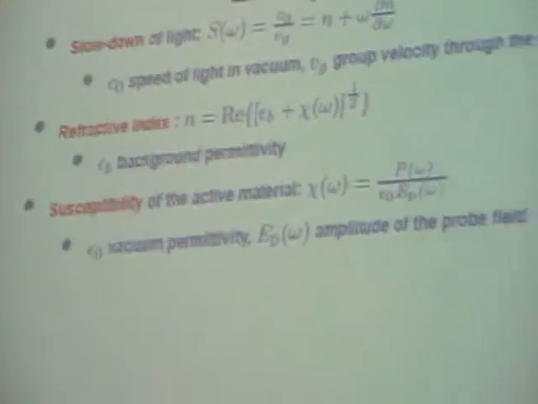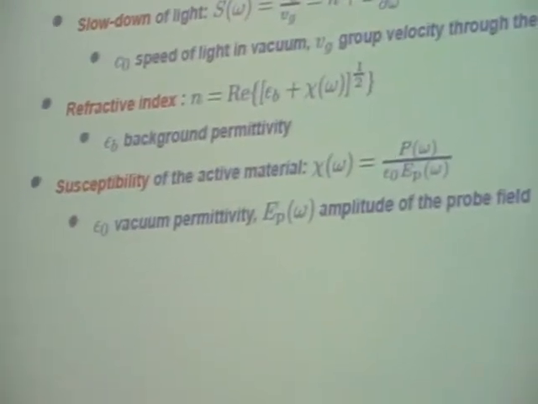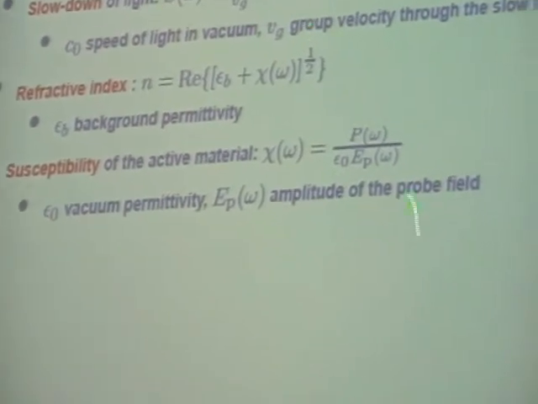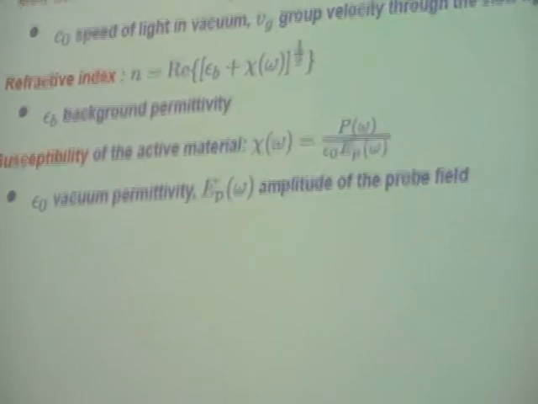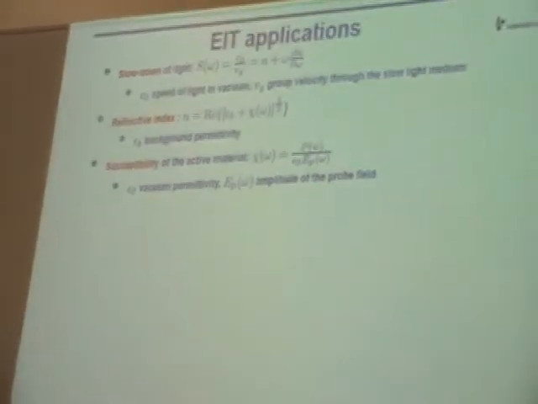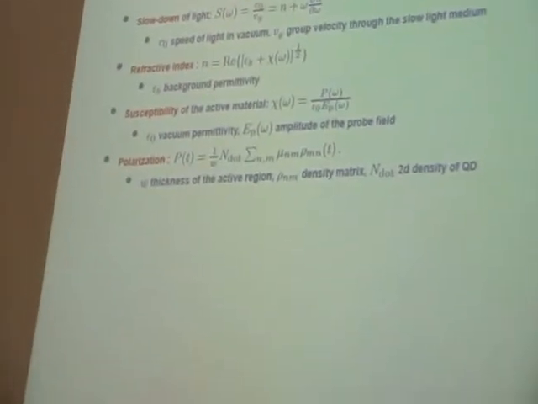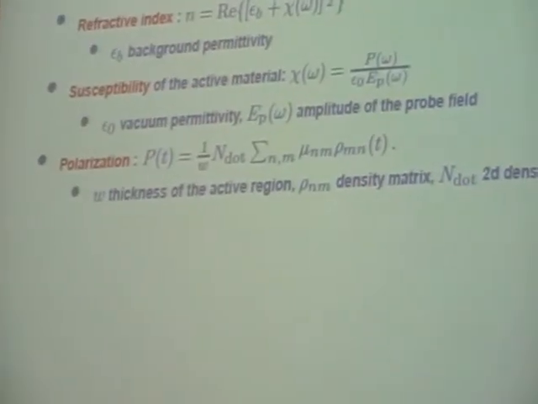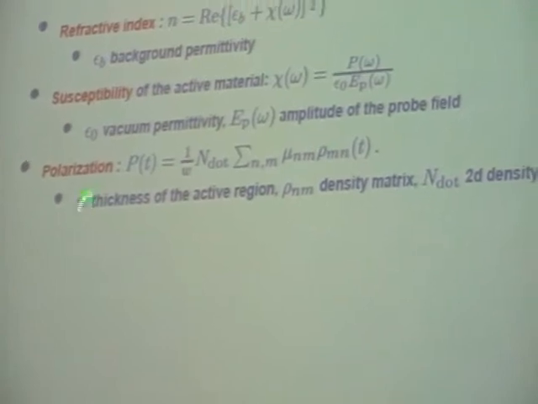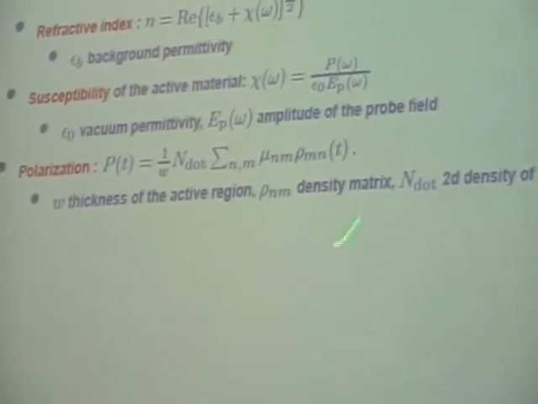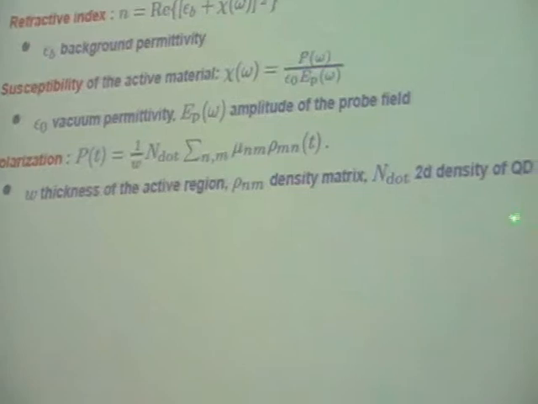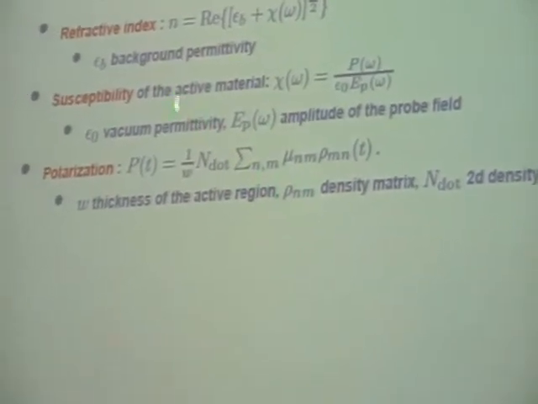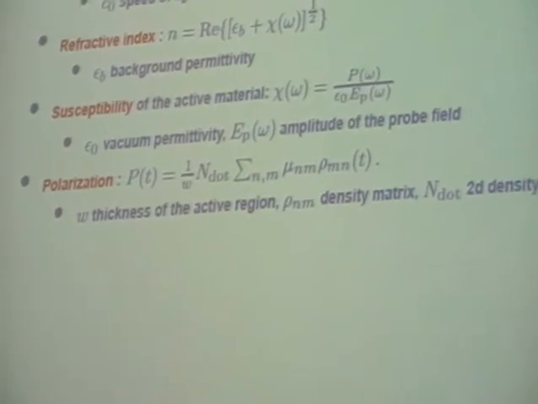But the susceptibility of the material is given by this relationship here, where we have the vacuum permittivity, the amplitude of the probe field, and finally this P here, which is the polarization of the material, which is given by this expression here. And you can see where my result comes in, because this is given by this expression, where we have the thickness of the active region, the density matrix, the two-dimensional density of the quantum dots, and finally the dipole moment. So basically we have a sum over all the possible dipole moments inside of the structure.